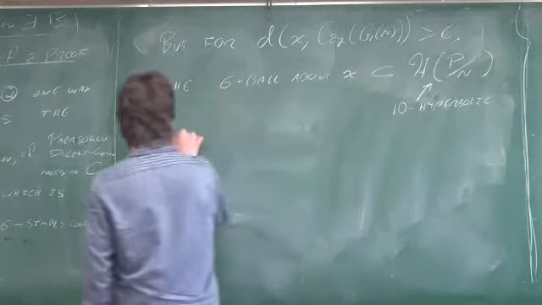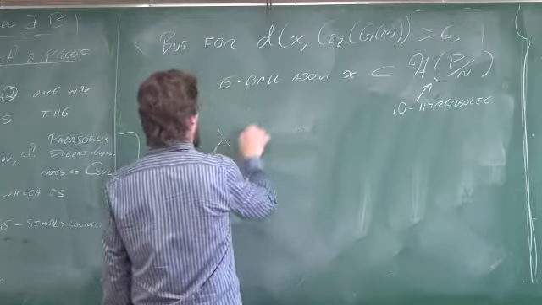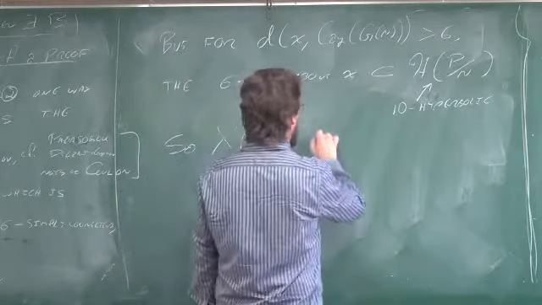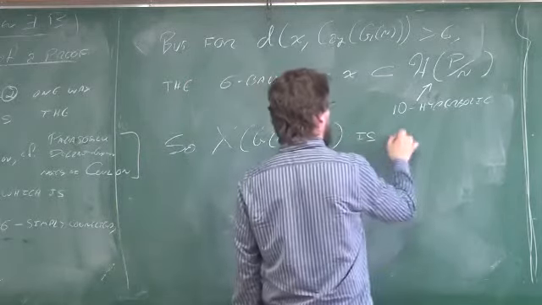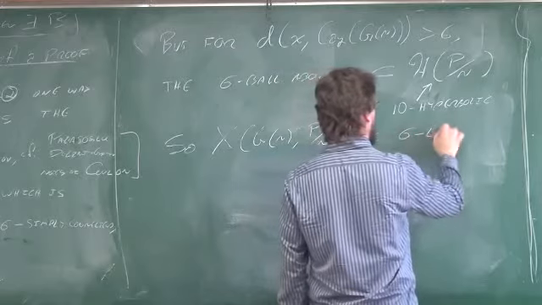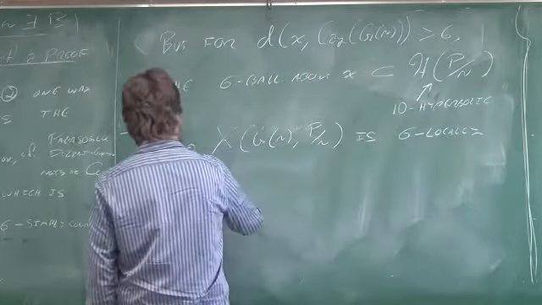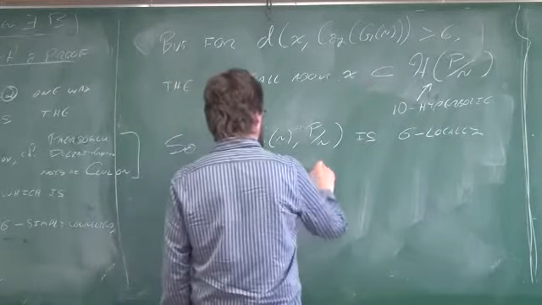Okay, so that says that X of G_n, P mod n is sigma locally, well, technically it's the max of delta and 10 hyperbolic.